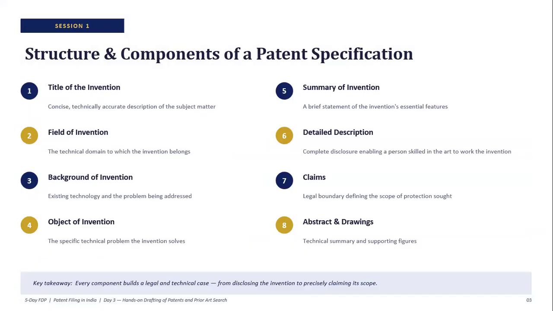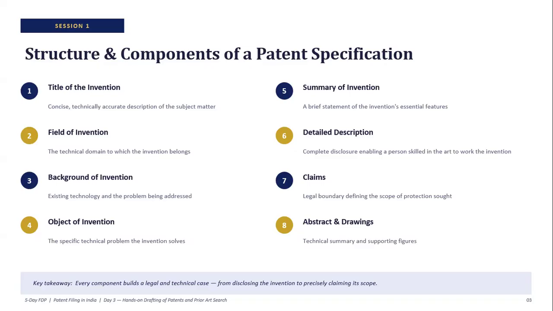The first component is the title of the invention. The title should be very concise, technically accurate, and representative of the subject matter of the invention. Second component is the field of invention. This section identifies the technical domain to which the invention belongs.